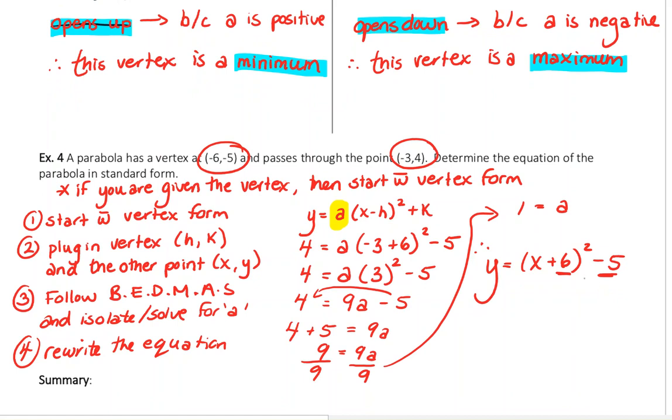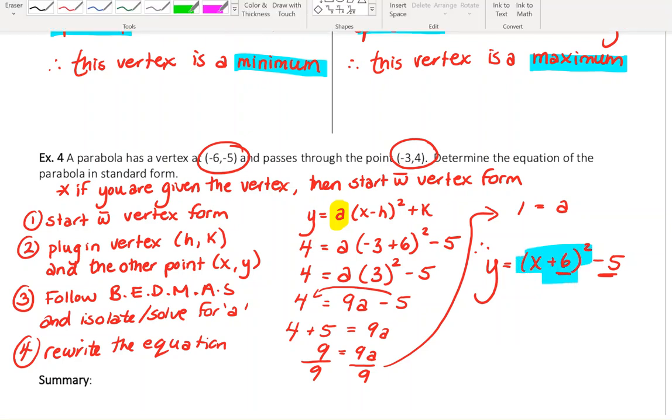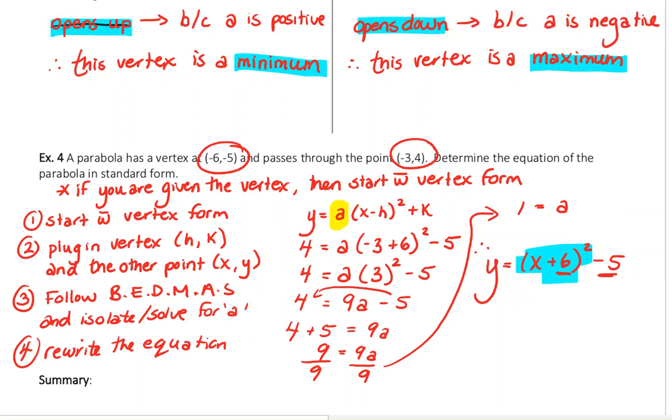Well, what does it mean in this problem to actually square this? Remembering what it means to square a number or a value, it means to multiply it by itself. So you're going to rewrite this: y equals (x plus 6) times (x plus 6).